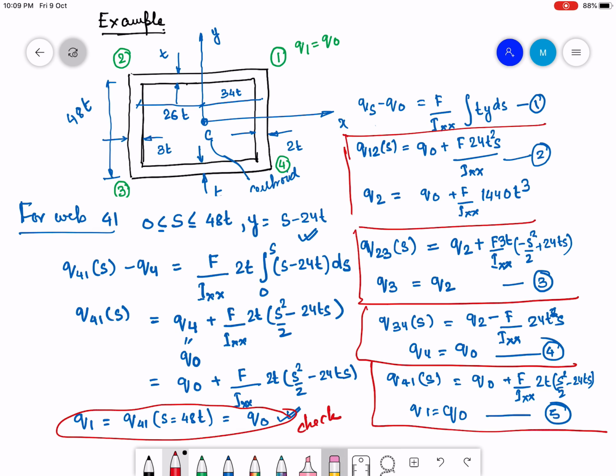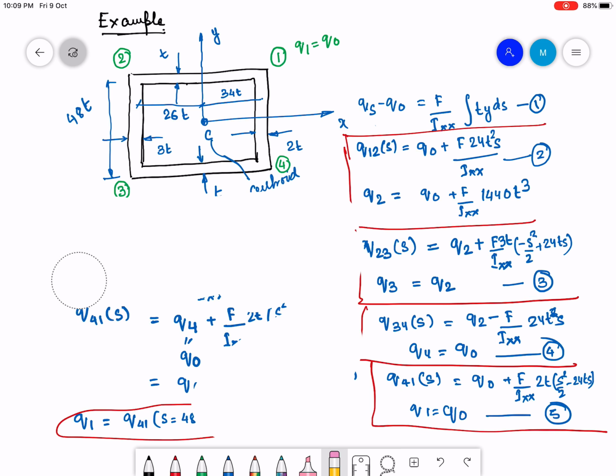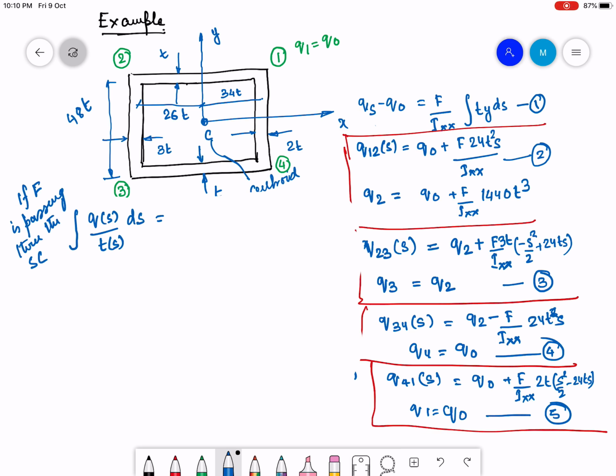Okay, so what I have done is that I have found out the shear flow in the entire cross section, and the only unknown left with me is Q0. Okay, so now I will use the expression that if F is passing through the shear center, as is the case for this problem, then I can say the integral of Qs by t into ds has to be equal to 0.